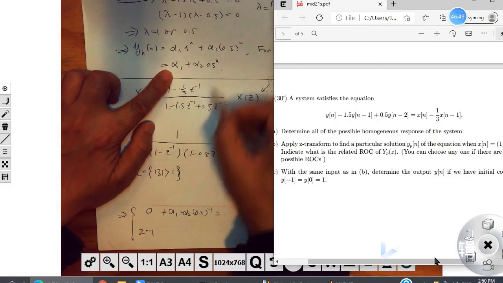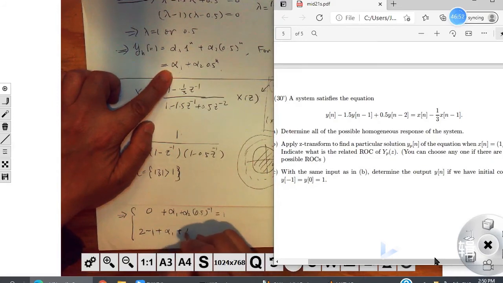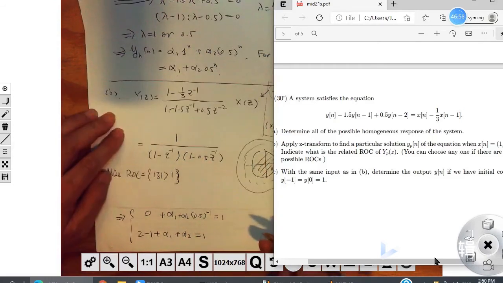So just alpha 1 plus alpha 2. This will be 1.